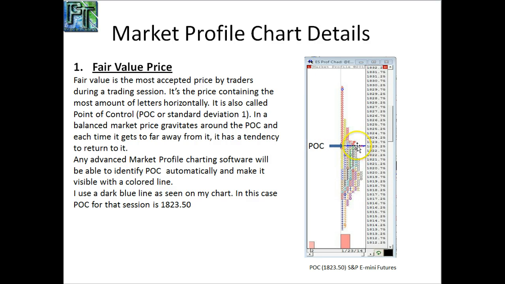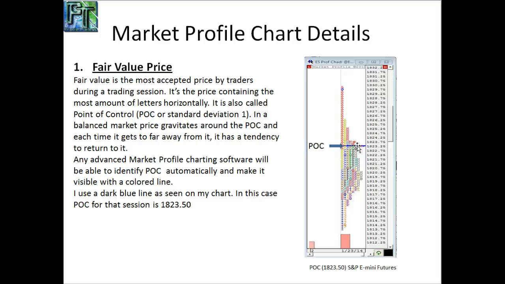In any given balanced market, balanced market means that nothing from outside, event or news or something unpredictable, has influenced the valuation of the market, and you're in a state of balance.